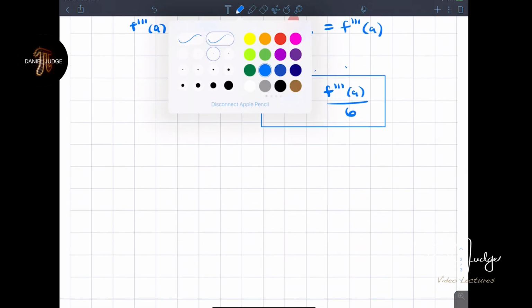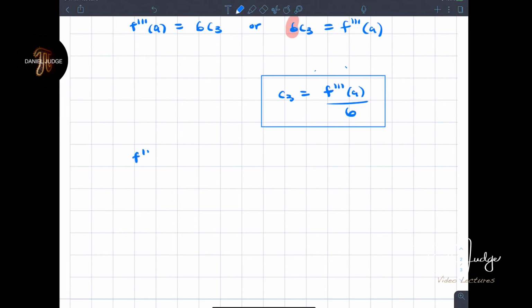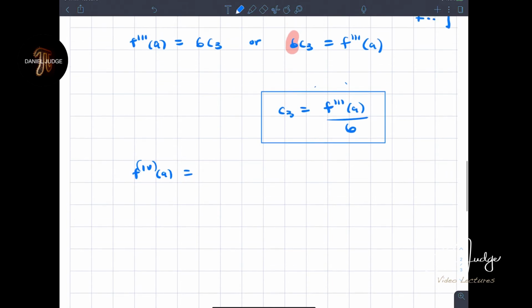Now, if you went to the fourth derivative, evaluate at a, you're going to get 24 c4.